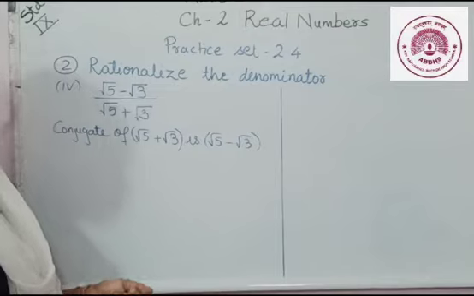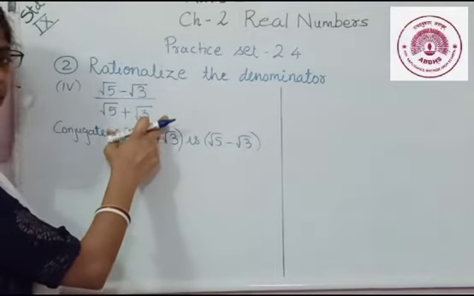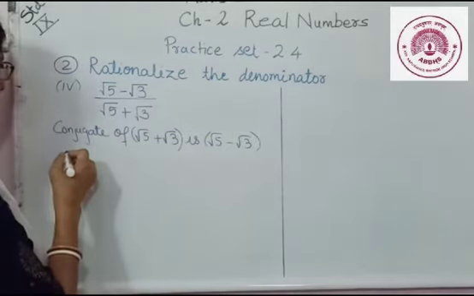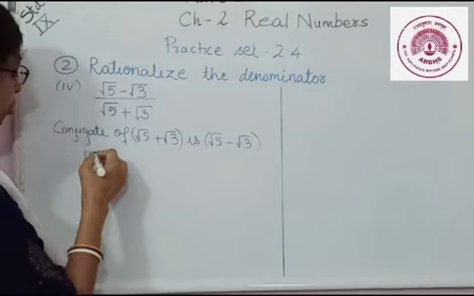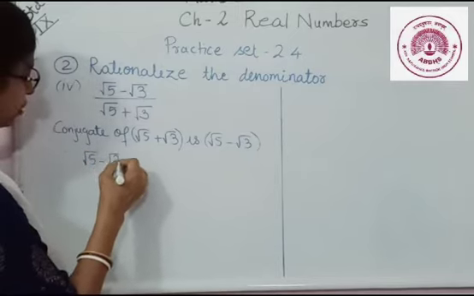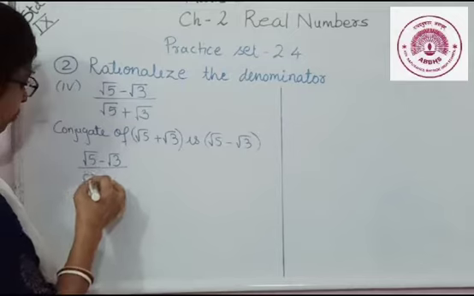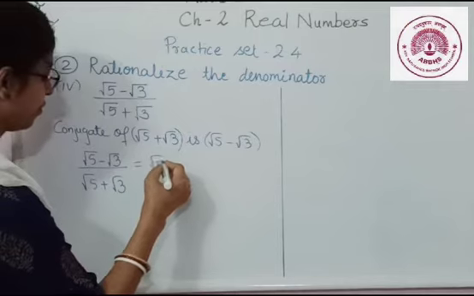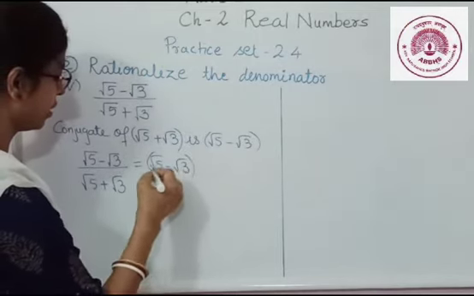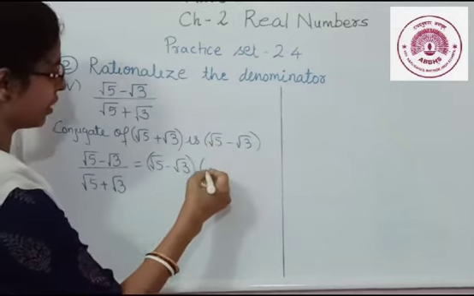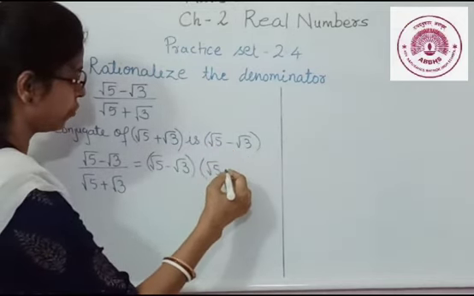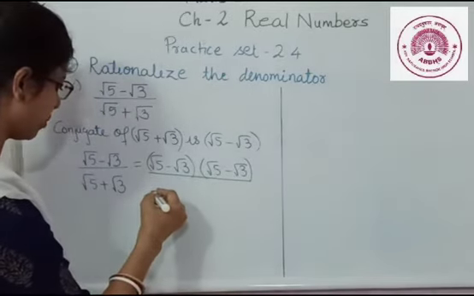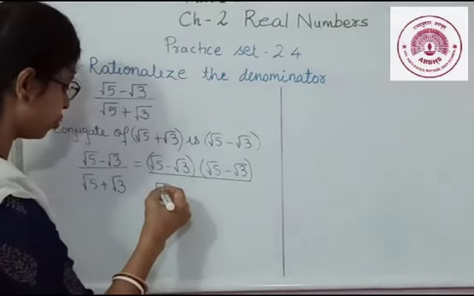Now we will multiply both numerator and denominator by its conjugate, that is root 5 minus root 3. So let's multiply. So therefore root 5 minus root 3 upon root 5 plus root 3 equals to root 5 minus root 3 into, we are multiplying with root 5 minus root 3. Also the denominator will be multiplied by root 5 minus root 3.